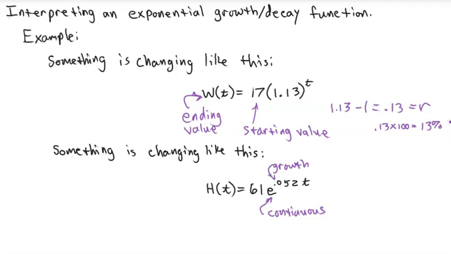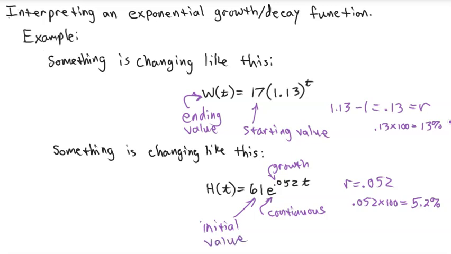In this case, r is very clear. r is equal to 0.052. If we take the 0.052 and multiply it by 100, we get 5.2%. So this is the percentage growth rate, and r is 0.052. And this is our ending value, h of t, and our initial value is 61. That's our initial or starting value, okay?